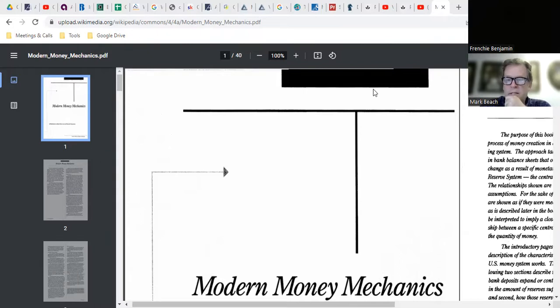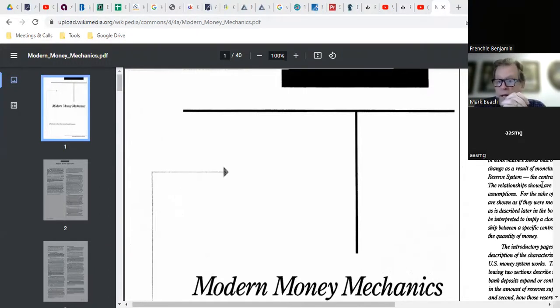It's a document called Modern Money Mechanics. I encourage you to get it. The link that I have put into the chat is a link to a free printable copy of Modern Money Mechanics. Now, what's the significance of this Modern Money Mechanics?